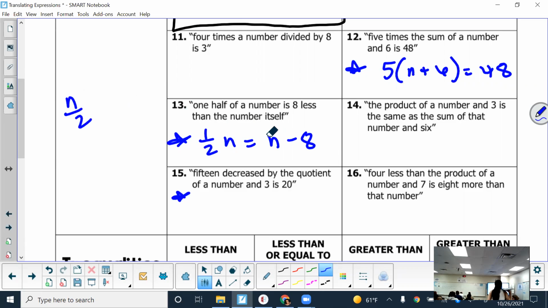The number itself. Good, so less than the number itself. Right, that way you know it's not a different variable that you should use, it should be the same one, whatever you use. And then 15, how'd you write that? 15 decreased by the quotient of a number and 3 is 20.